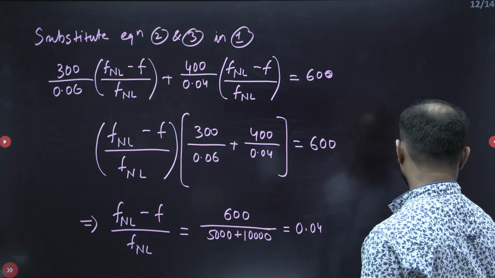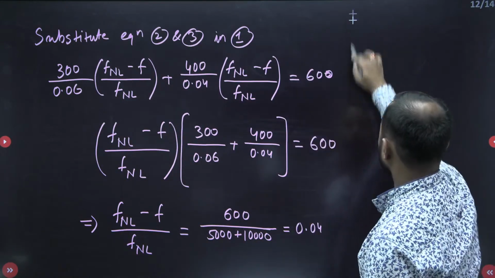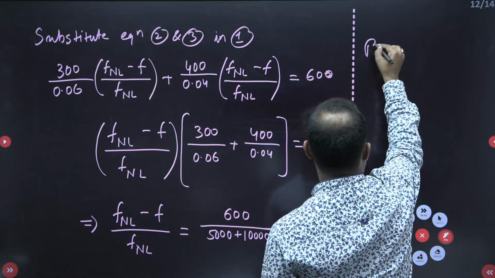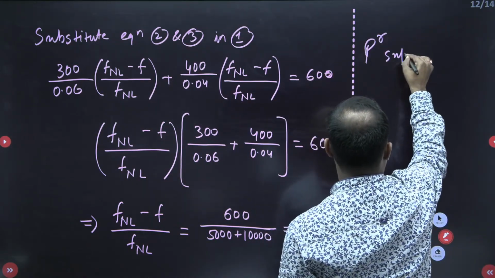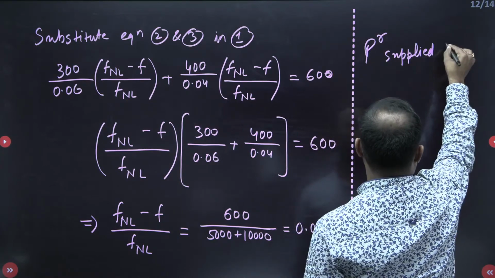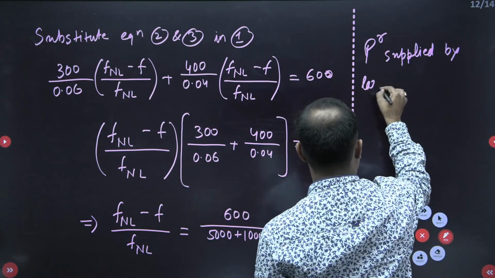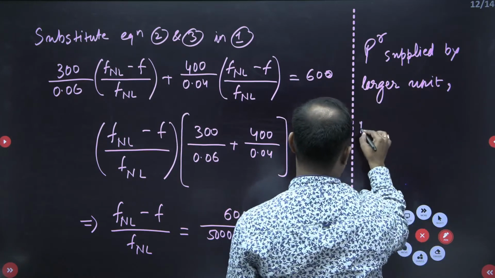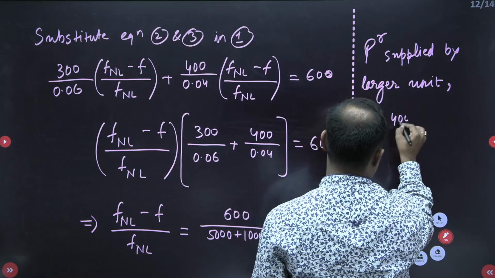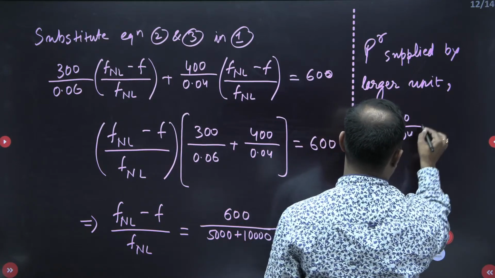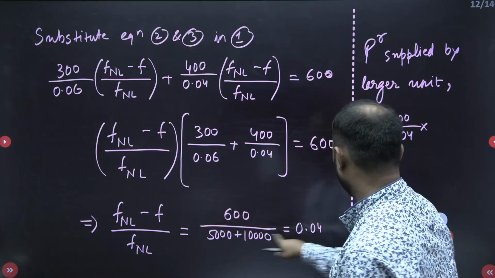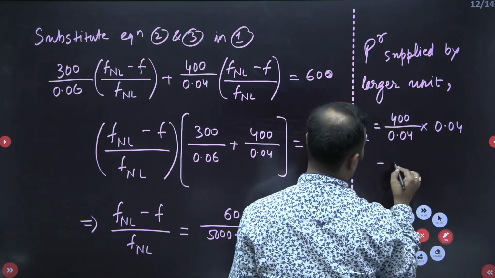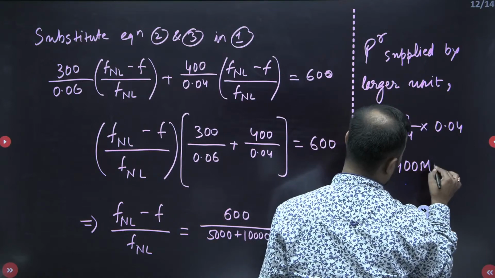So let me write here directly: power supplied by larger unit is P2, 400 by 0.04 into this value, which is 0.04. So from here you are going to get 400 megawatt.